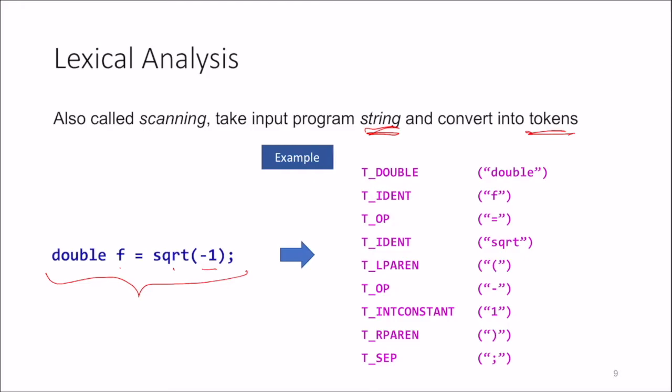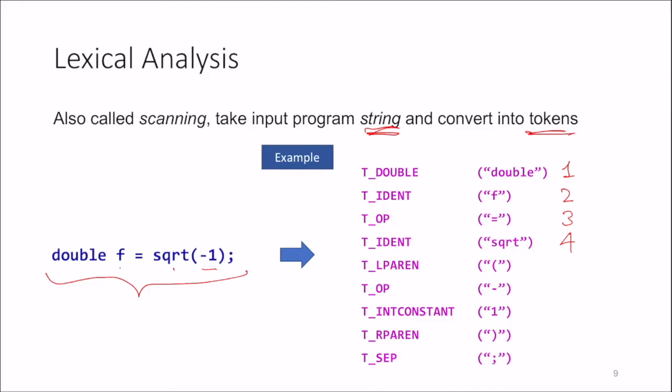The first token is double, which is a reserved word in this language. Double cannot be the name of a variable because it's reserved to be a type. Then the second token is the identifier, which is the variable f. Then there's an operator, which is the third token. The square root function is another identifier, because you can call a function anything.